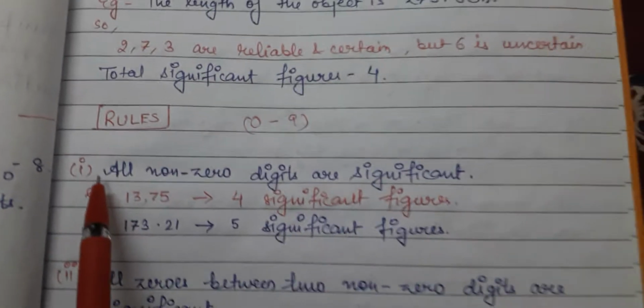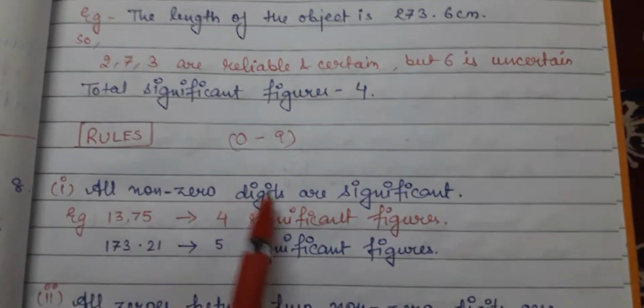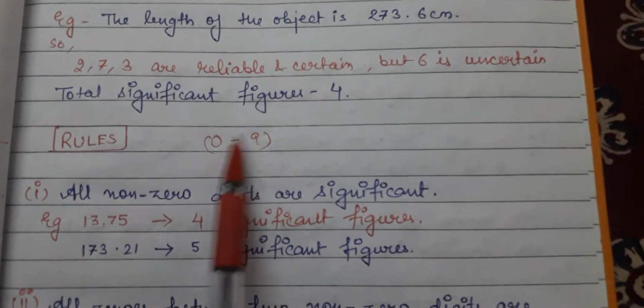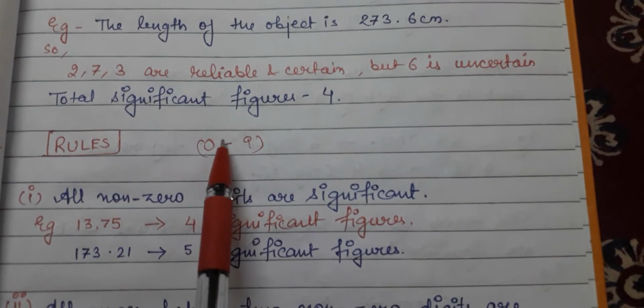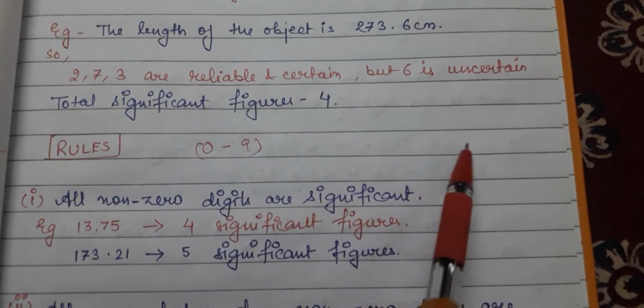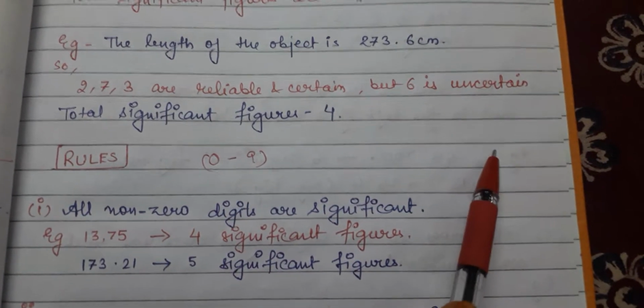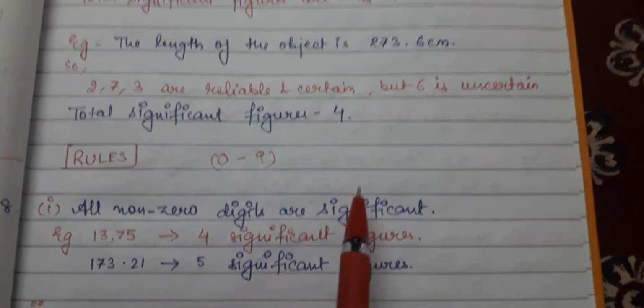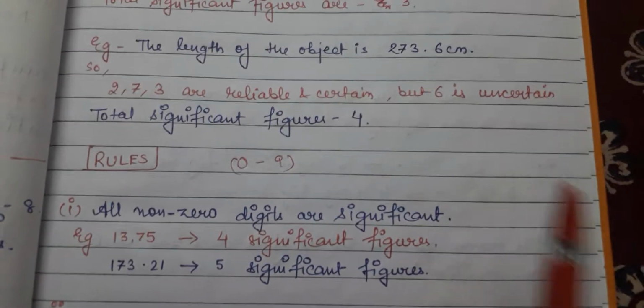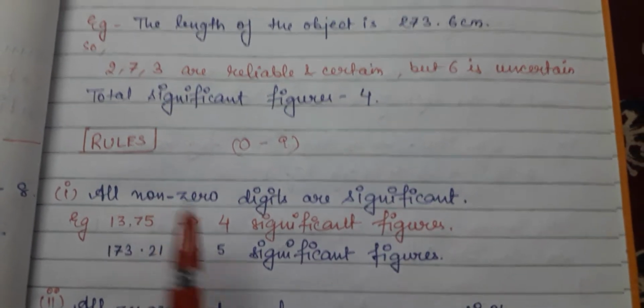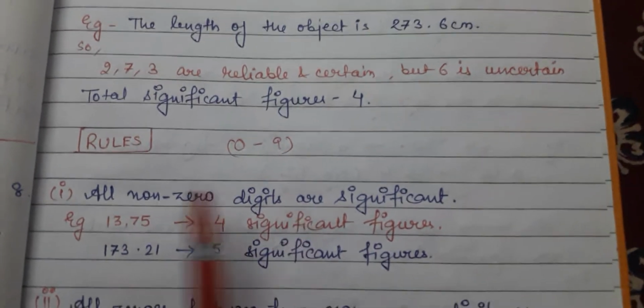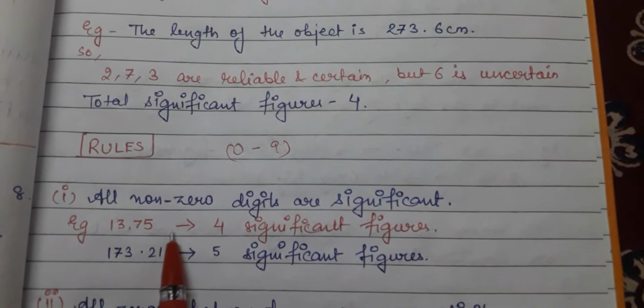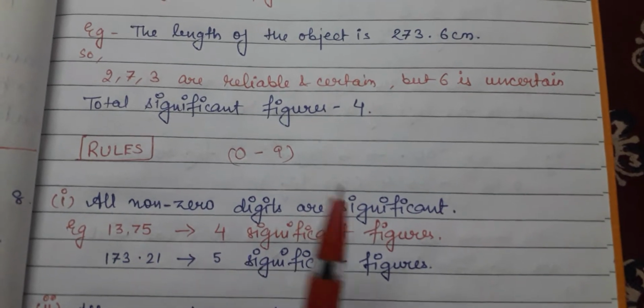So the first rule says all non-zero digits are significant. Means what? Excluding 0, if I count 1 2 3 4 5 6 7 8 9, these 9 digits are always significant. Whatever number is given to you, if there is a non-zero digit available in that quantity or in that measurement, that will be considered a significant figure.